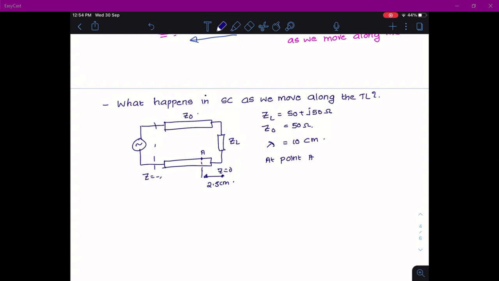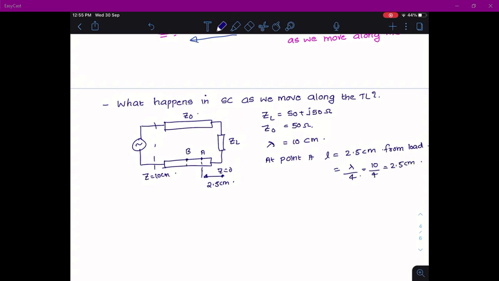The length of the transmission line, let's take it as 10 centimeter only. At point A, the value of L dash or L is equal to 2.5 centimeter, at a distance 2.5 centimeter from the load. I can represent this length in terms of lambda. This is equal to lambda by 4, because lambda is 10, and 10 by 4 is 2.5 centimeter.